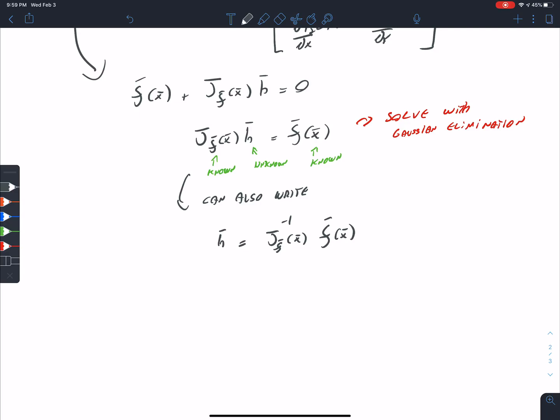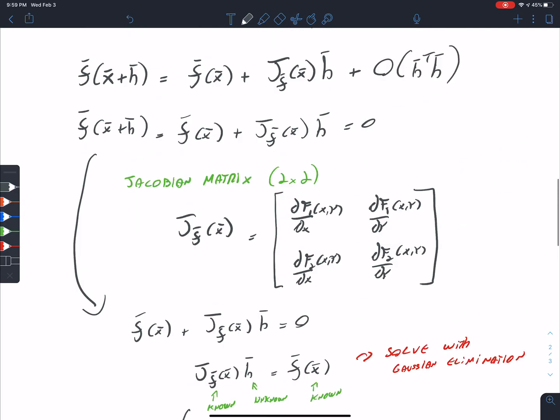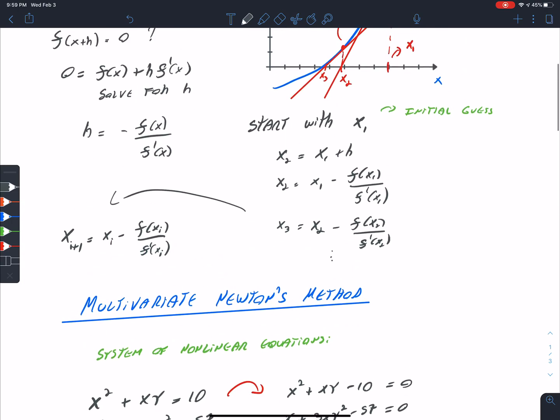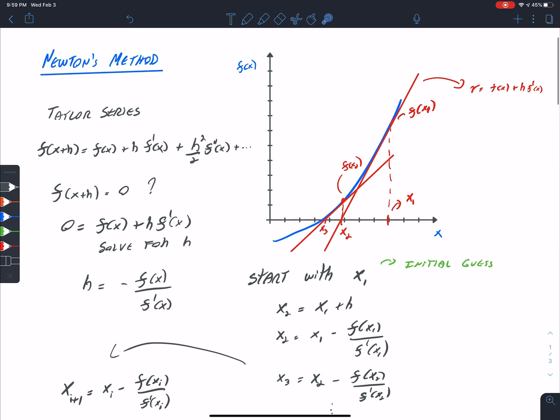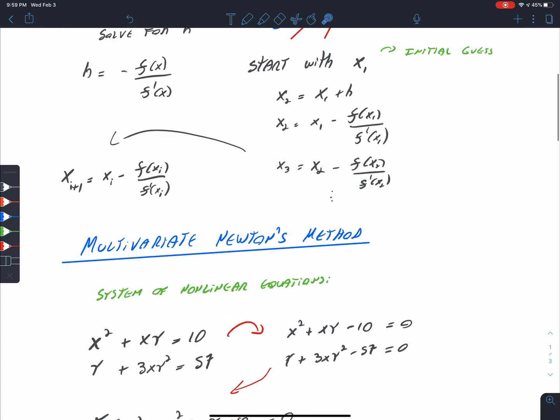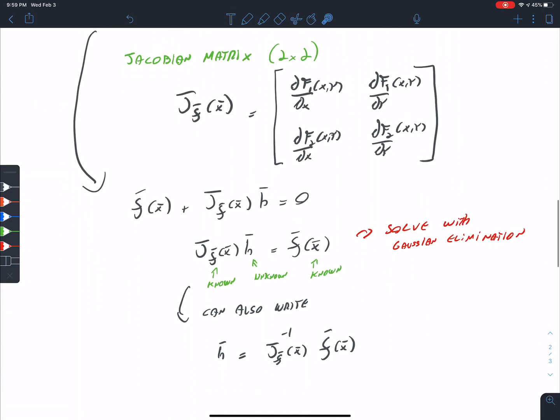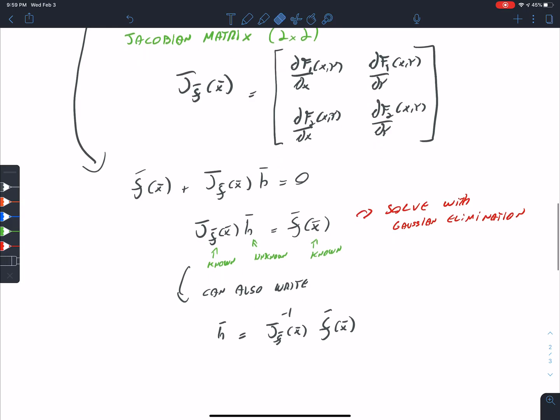And here is where we do the same thing as before. Remember, we derived this based on the Taylor series over here, and we derived a very similar thing. h was negative f divided by the first derivative of f. So here, once again, oops, I forgot a negative over here. When we moved this guy to this side, I should have put a negative in front of the f. So this should have been all negative here.